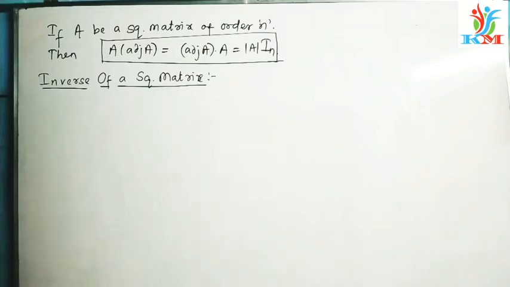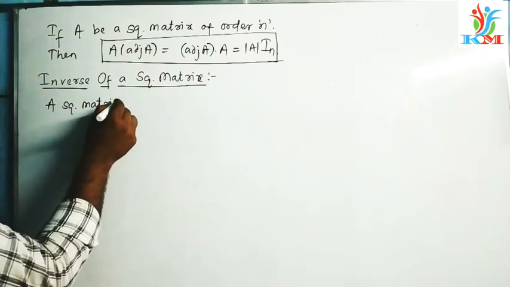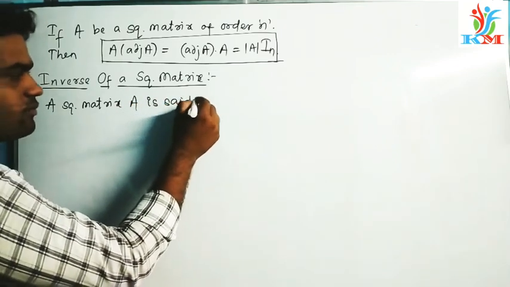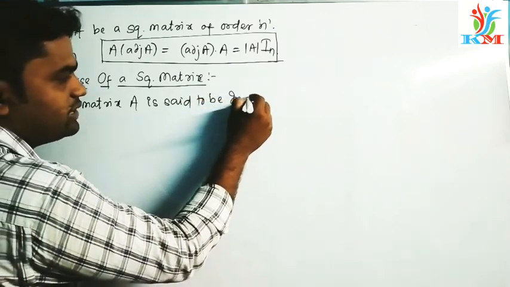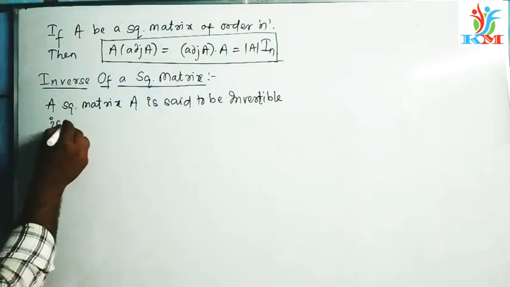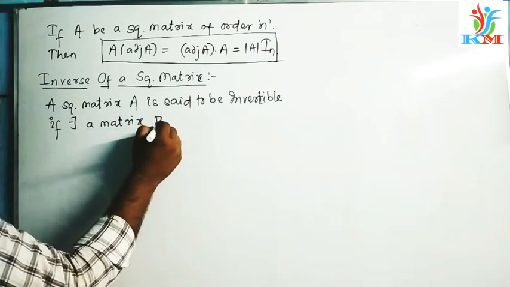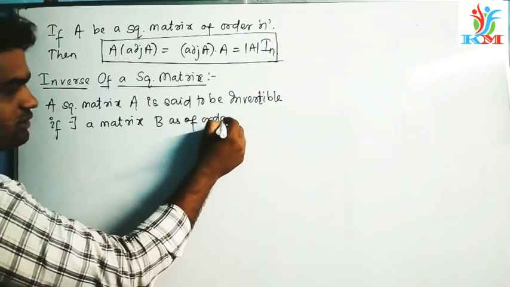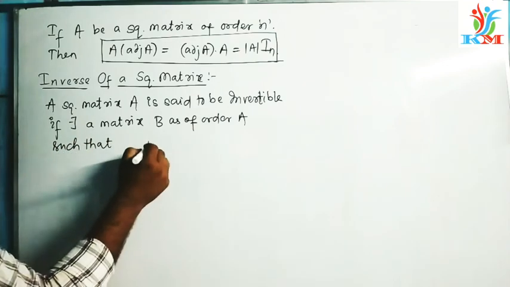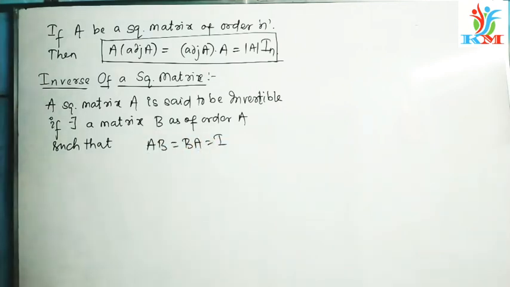Again I repeat: a square matrix A is said to be invertible if there exists a matrix B of the same order as A such that AB equals BA equals the identity matrix.